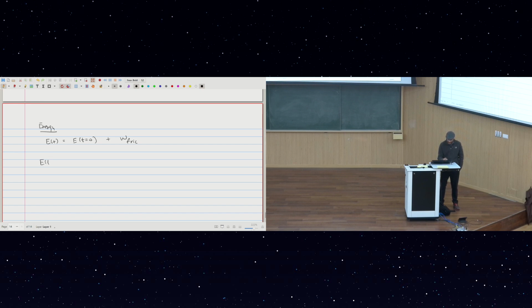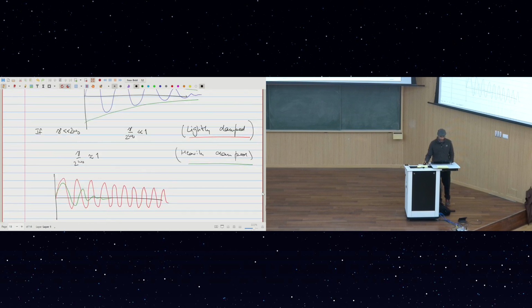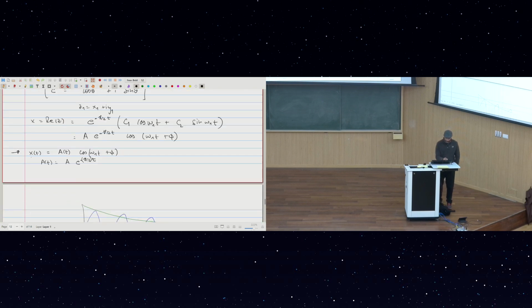So let's find out energy as a function of time first. This is the kinetic energy as a function of time plus potential energy as a function of time. Kinetic energy is half times m times x dot squared, and potential energy is half times k times x squared. I've already given you this function, this is what x is, the solution. You can differentiate that with respect to time and get v.